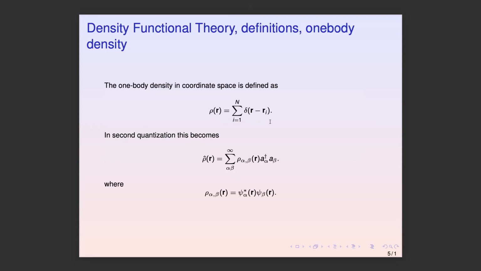And that just relates to the likelihood of where you can find a particle in a specific medium here. So these R_i would be the positions of all the other particles. And in second quantization, this is something you would write out as a one-body operator, where this rho alpha beta is simply given by this quantity here.